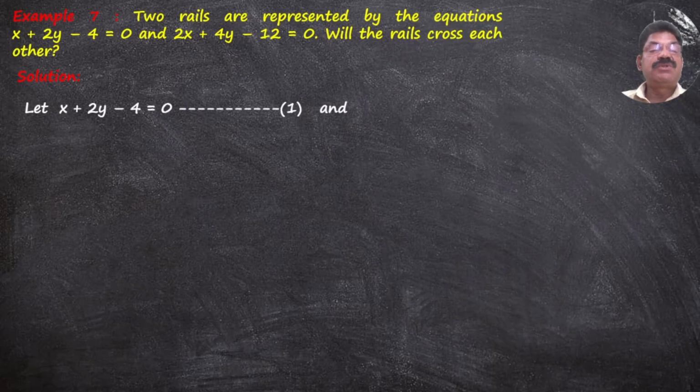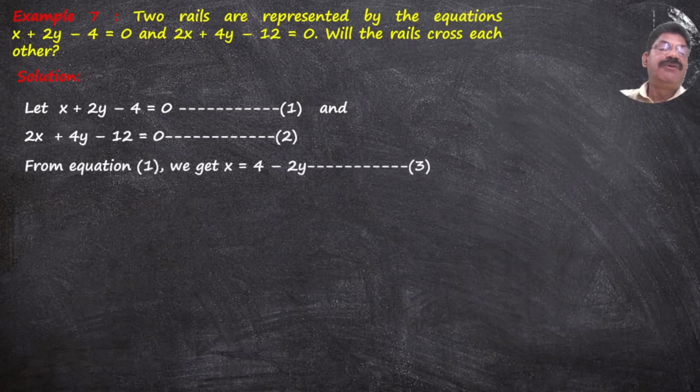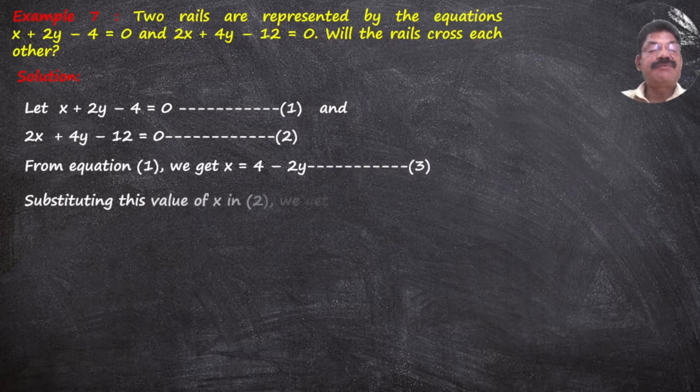So, we take x plus 2y minus 4 equal to 0 as equation number 1 and 2x plus 4y minus 12 equal to 0 as equation number 2. Now, from equation 1, we get x is equal to 4 minus 2y, because equation 1 seems to be simple to find the value of x. Now, we substitute this value of x in equation number 2.